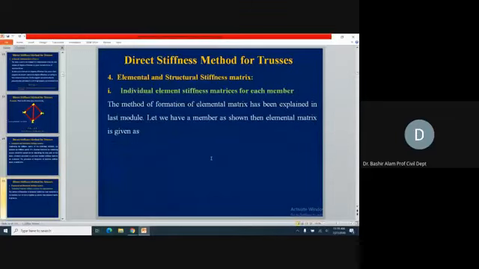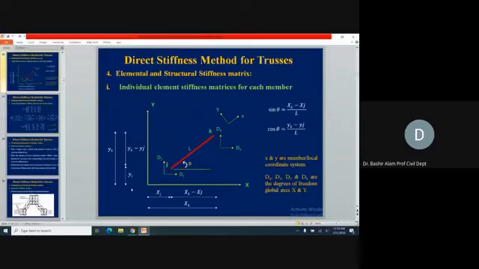First, the individual element stiffness matrix for each member is constructed. The method of formation of the elemental matrix was explained in the last module. Let we have a member as shown; this is now an element.